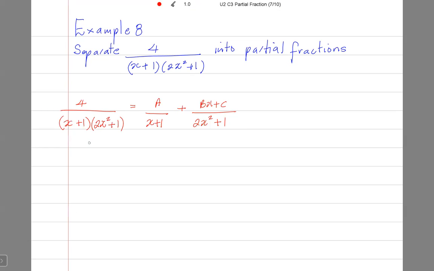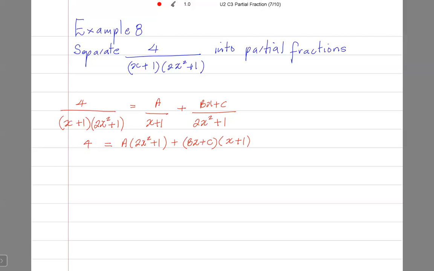So if I do that, I'm going to end up with 4 is equal to A into 2x squared plus 1 plus Bx plus C into x plus 1. My objective is to determine the value of A, B, and C.